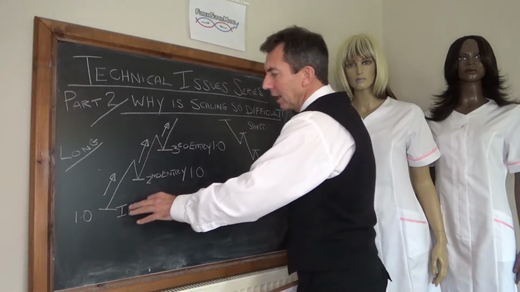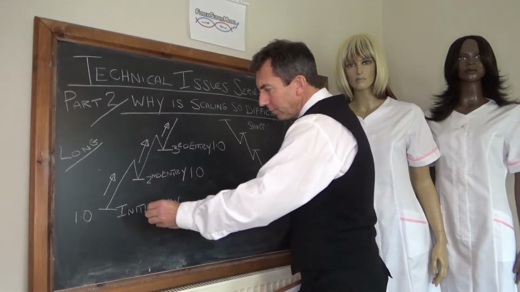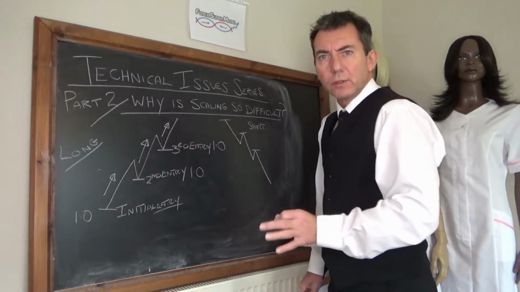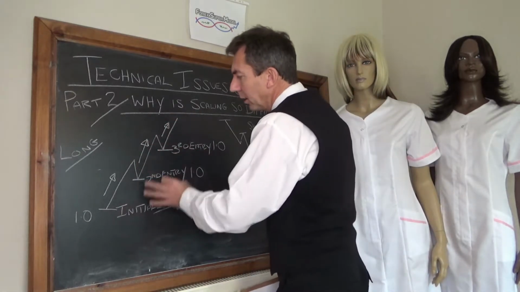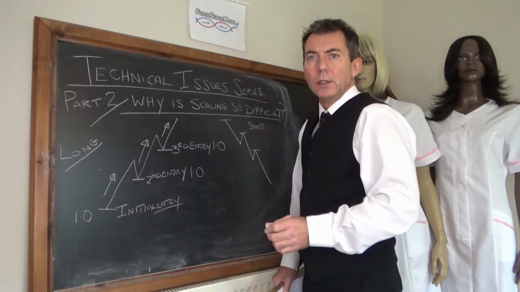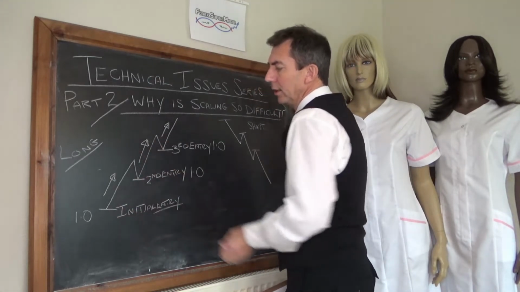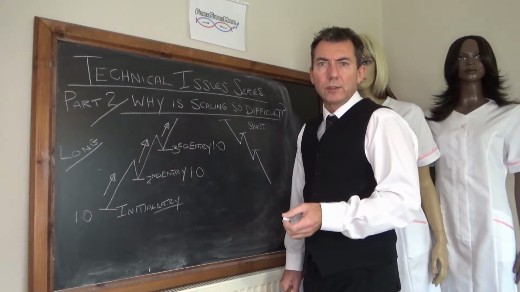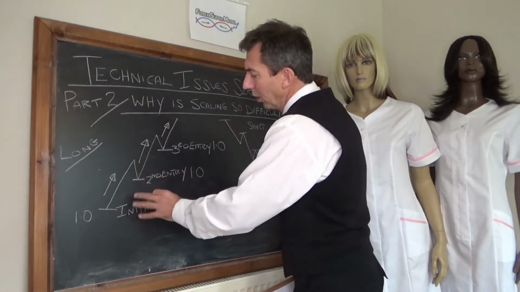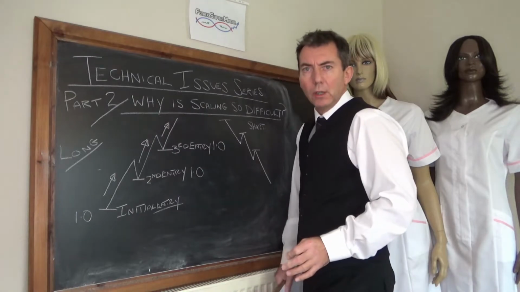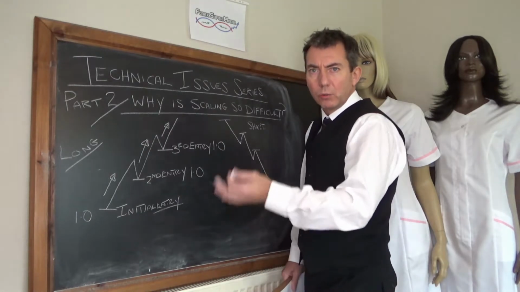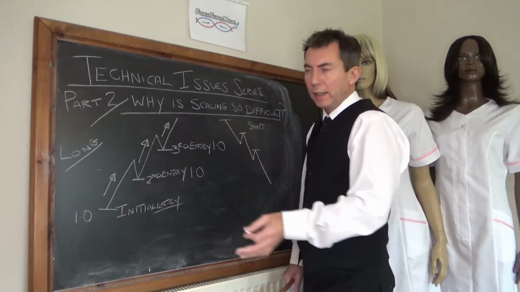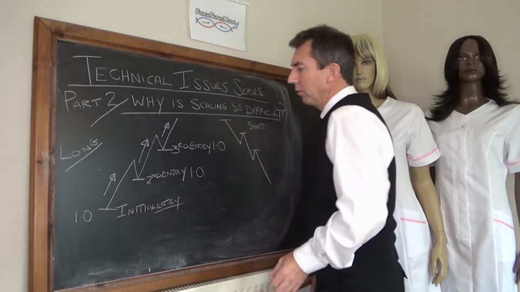The problem with that, of course, is that if you're unable to scale, you're then suddenly in a trade which is a quarter or a third of the size of your usual trade size, and it will make a quarter or a third of your usual take. So that's one obvious problem.